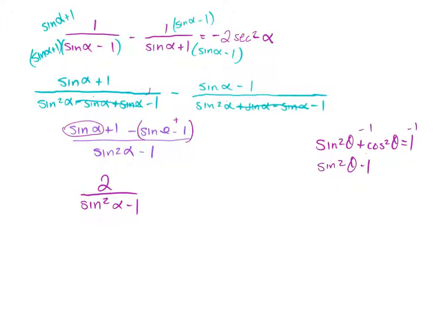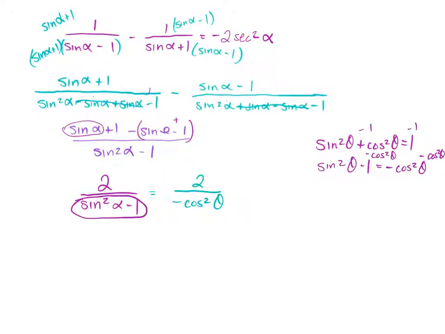But then I also have to subtract a cosine squared theta from both sides. So that'll be equals negative cosine squared theta. So that means I can replace this denominator with a negative cosine squared theta. And I'll put my numerator up there.